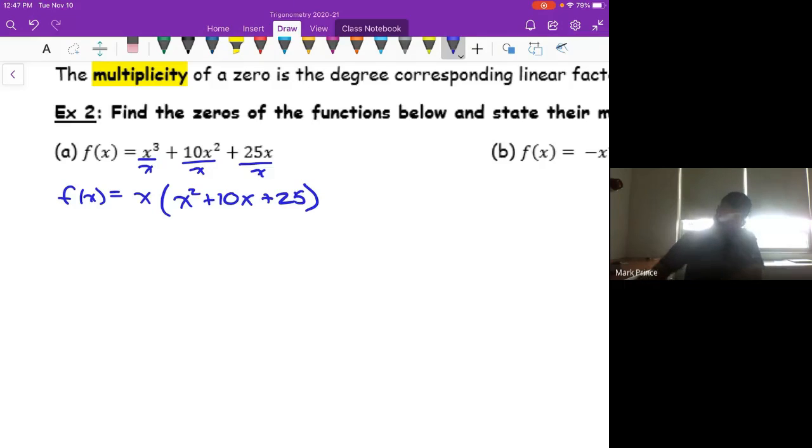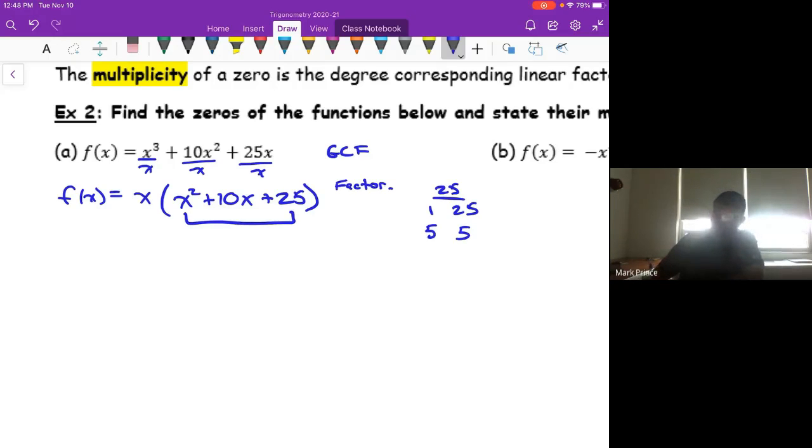Now we factor. All right, GCF up there for the notes. So I looked at first term times that last term. I'm going to get 25. Factors of 25 are 1 and 25 and 5 and 5. We don't have a lot of choices.